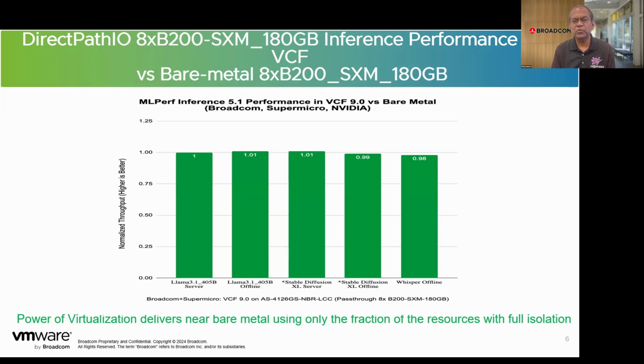The difference between server mode and offline mode is that in server mode, the queries come one at a time, and in offline mode, all the queries are given to the GPU server at the same time. And the last benchmark is Whisper, which is a speech to text benchmark. And here also we deliver near bare metal performance. This is the power of virtualization. It delivers near bare metal performance using only a fraction of the resources with full isolation. And you get all the benefits of virtualization.